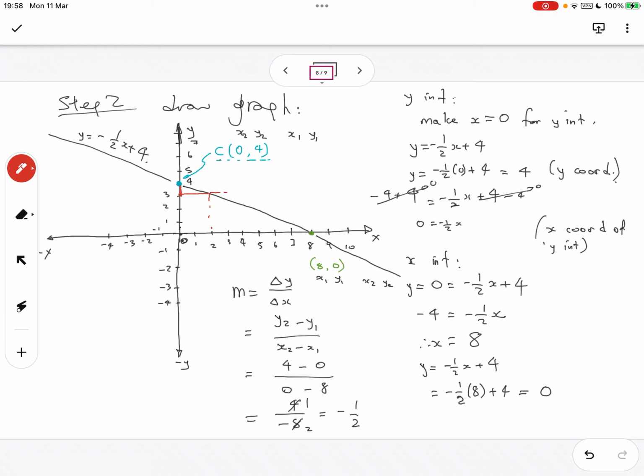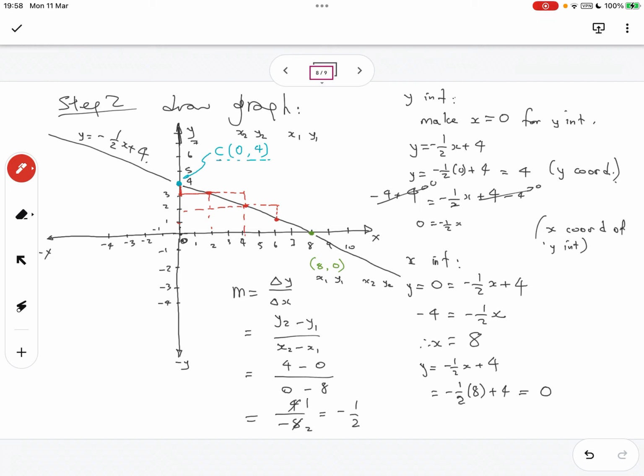If we go across twice from 2 to 4, then the corresponding y value is 2. If we go across from 4 to 6 twice, then to get to the next y value we have to go down once.